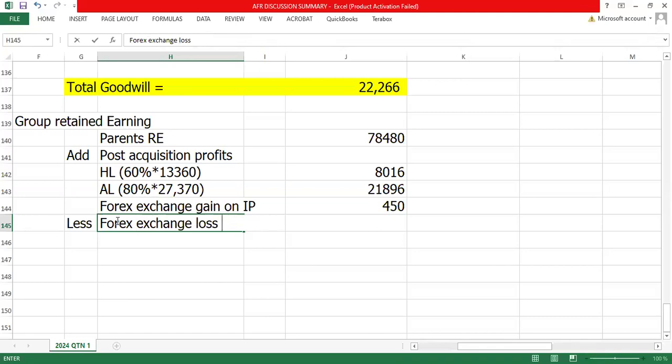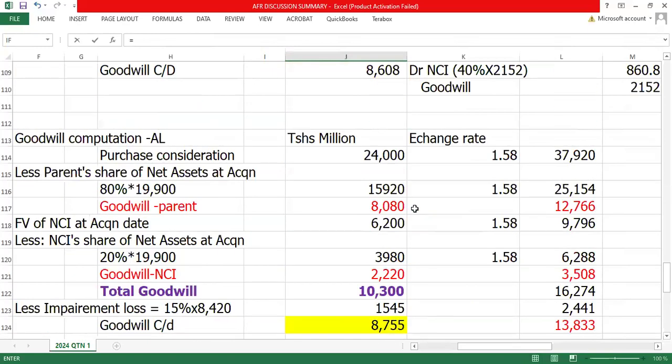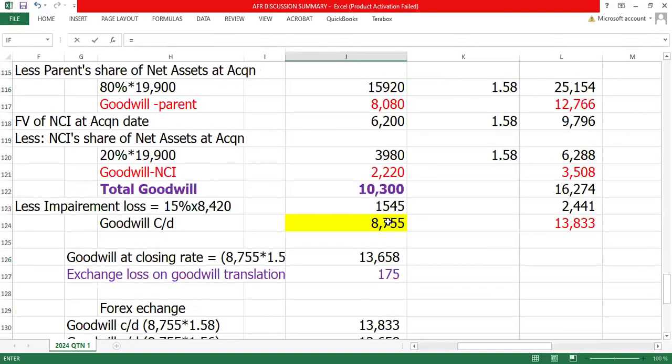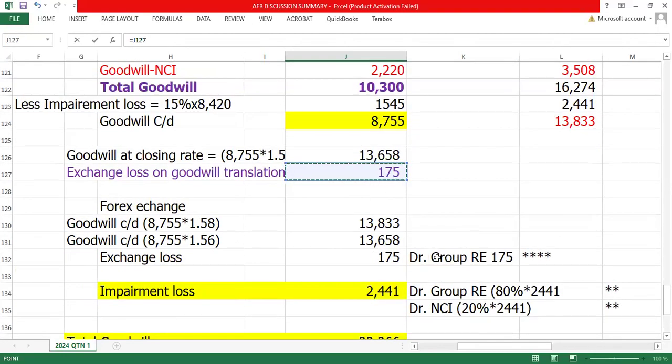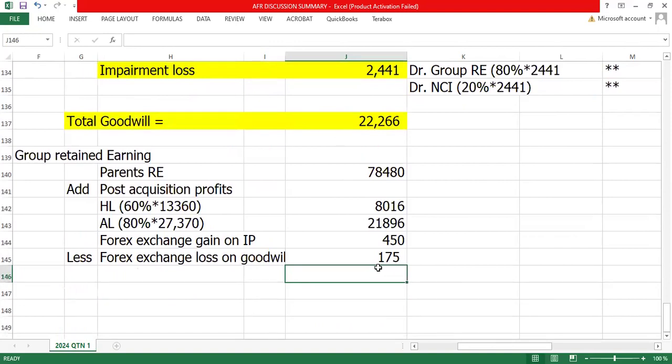I'm competing with Roine, so it is hard for me. Forex exchange loss, it was on what? On goodwill. That was how much? On goodwill of AL, this one. Remember, you debit retained earning. When you are debiting retained earning, you are subtracting.